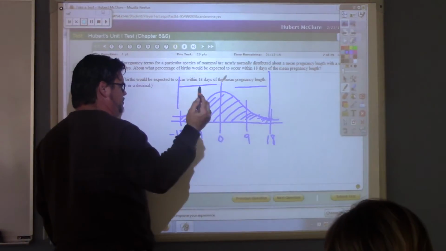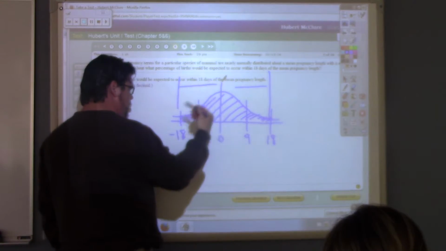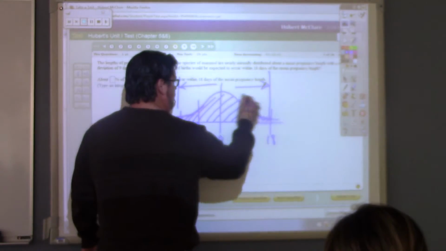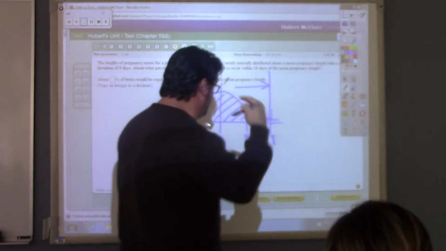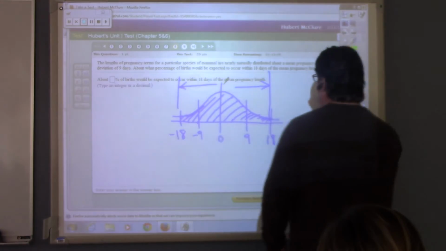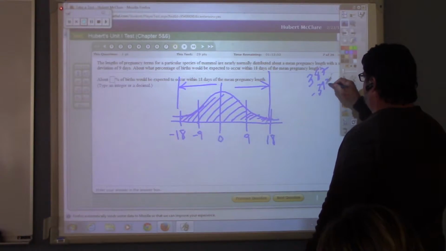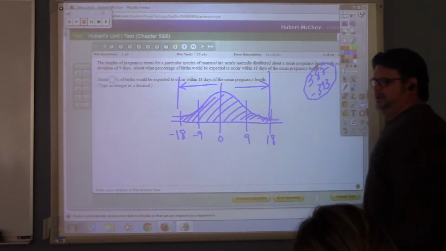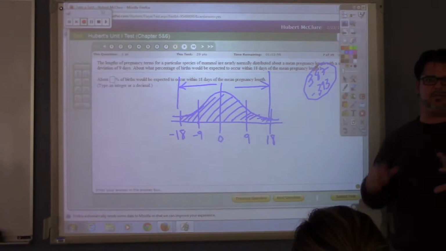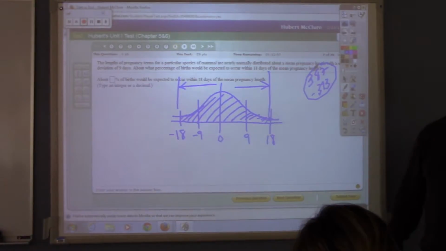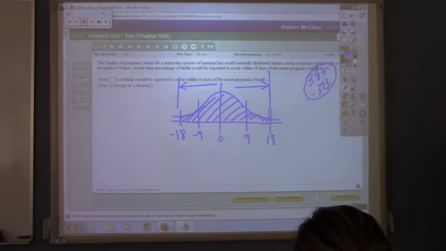What page was that on? 367? 387? 393. I'm sorry, what? It's 387 through 393. I don't know why it took 3 pages when it only took Math 120 a half a page to explain, and I showed it to you. 90 what percent? 95. 95%. 95 is the answer I'm looking for.